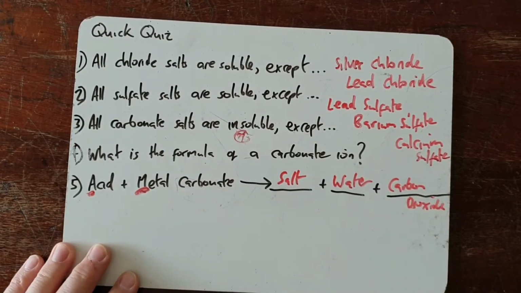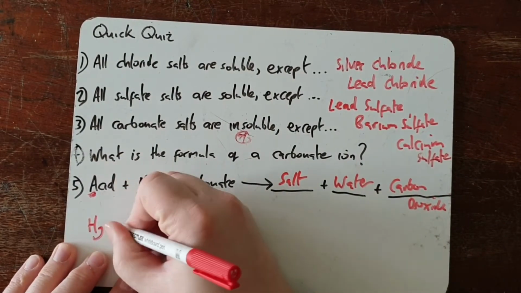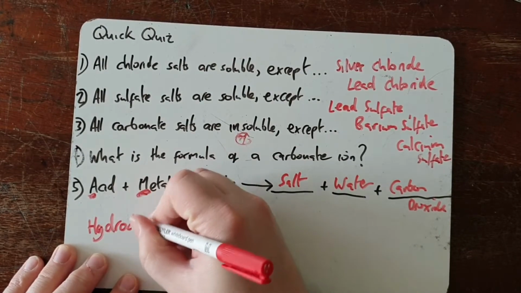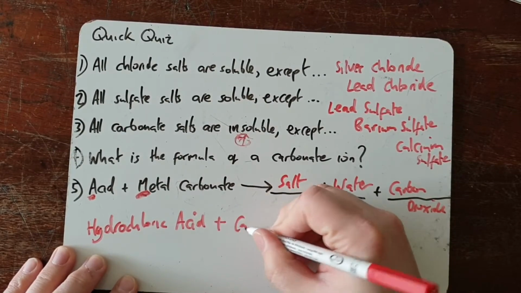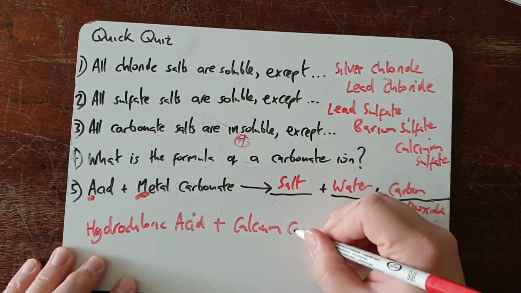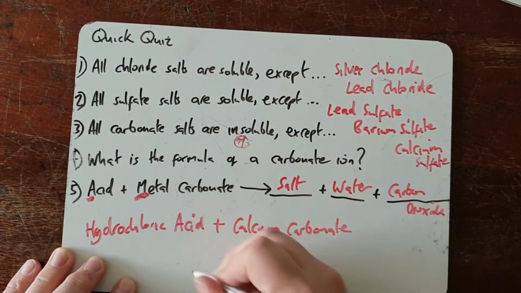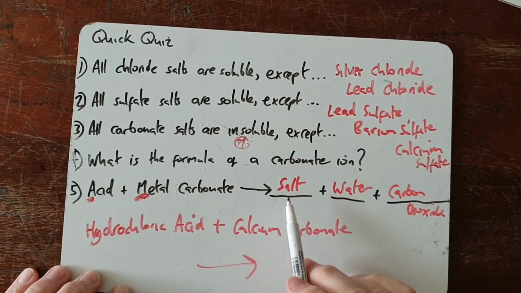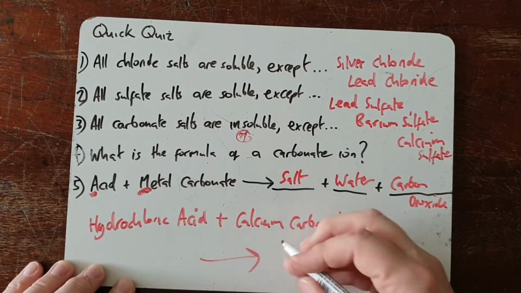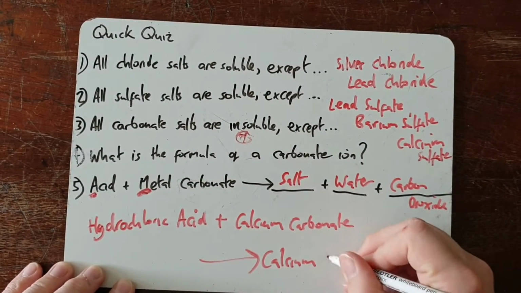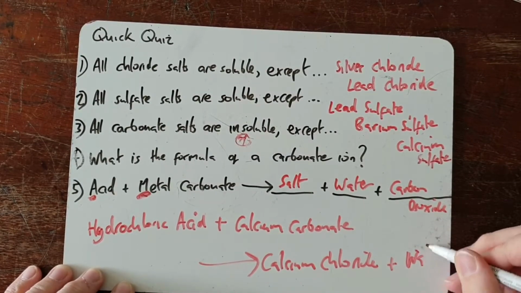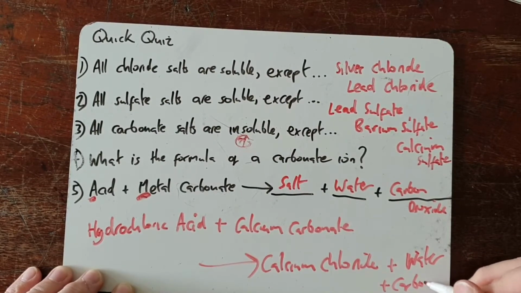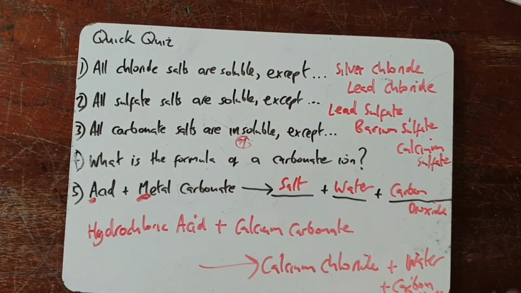If the acid was hydrochloric acid, let's say hydrochloric acid plus calcium carbonate, the salt is going to be calcium chloride. So we make calcium chloride plus water plus carbon dioxide. Okay, so that's the quick quiz for today.